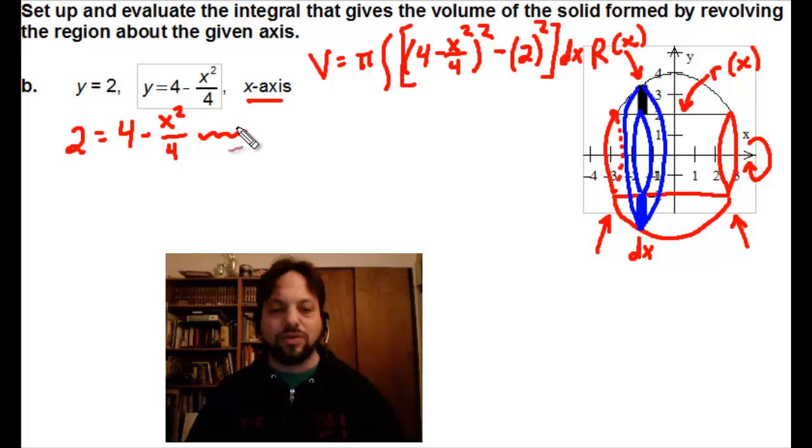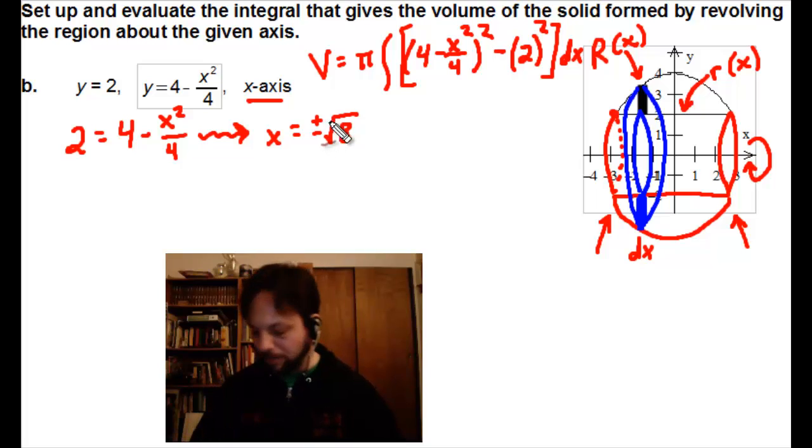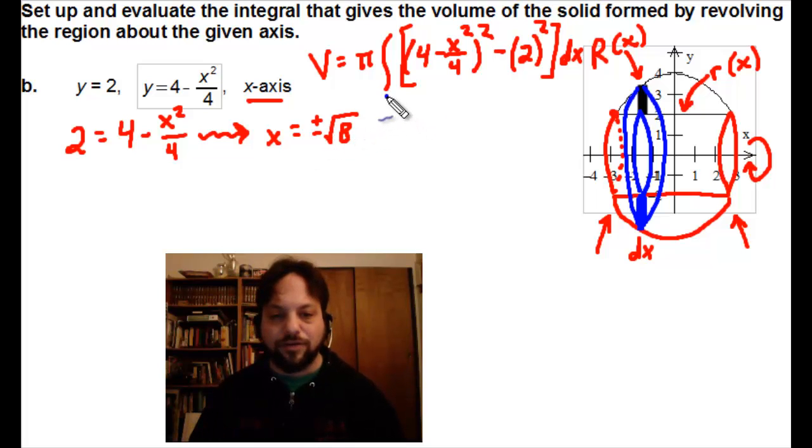In fact, if you do that here, I'm going to skip all the algebra. But what you should get is that x is equal to positive or negative square root of 8. And so those are going to be my lower and upper bounds. Now, it might be kind of difficult for me to fit in this small space, but there's my lower bound, negative square root of 8, and positive square root of 8 for my upper bound.